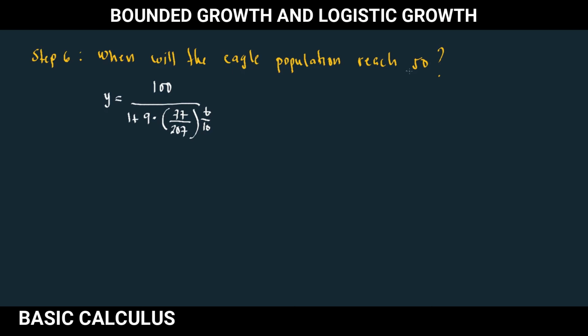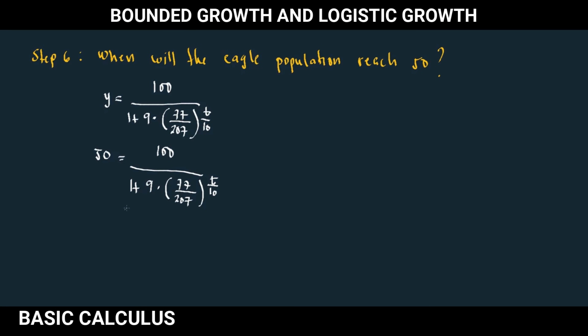Now, since we have the given population of 50, we use this as the value of y, then solve for t. So we have 50 is equal to 100 over 1 plus 9 times 77 over 207 raised to t over 10.